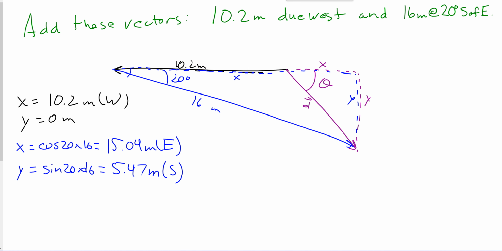Okay, now that we've got those, now we can start working on adding the x's and the y's together, right? So if I want to get my resultant's x component, I've got 10.2 meters west and then 15.04 meters east. So I'm just going to go 15.04 minus 10.2. I could add a negative if I wanted to, but in the end this is going to work out pretty much the same.